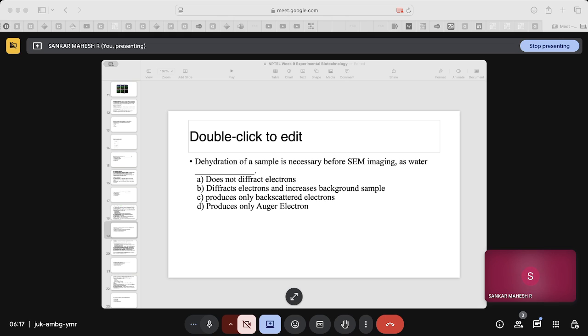Okay. Now, before we go on to dehydration, because a couple of answers here talk about diffraction. Do you know what diffraction is, or what is minimally needed for diffraction?